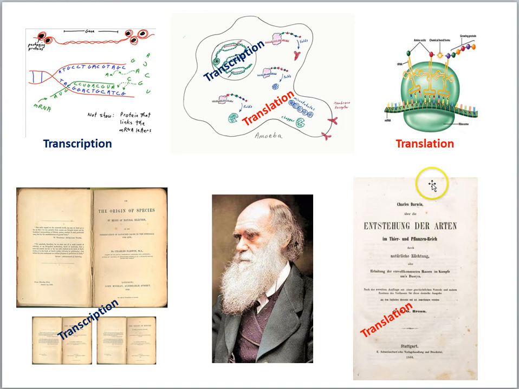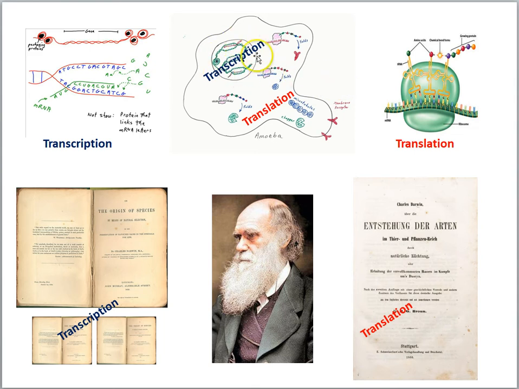Again, translation involves taking one language and making a corresponding sort of mapping onto another language. In this case, the language of RNA triplets is being turned into the language of amino acids linked together to make a protein.